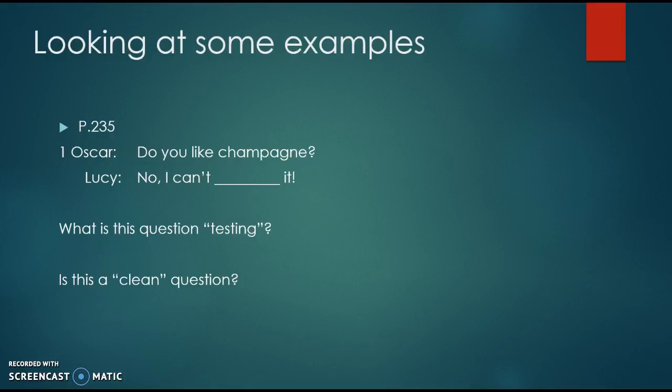Okay, so to me, this is an odd question because, first, in the first part of the question, Oscar uses the word champagne, which is a pretty strange word to include, unless for some reason champagne was one of your vocab words previously or in this current unit, which seems unusual. And also, "I can't stand it" is a phrasal verb, or at least strongly collocated.